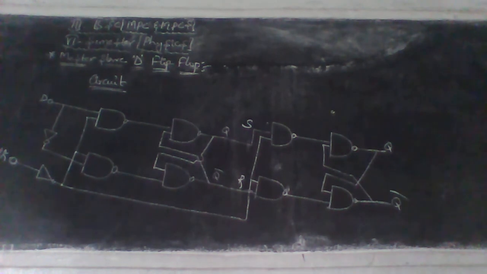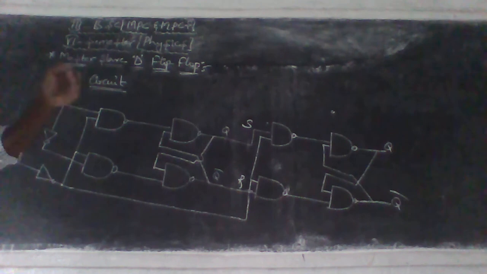So we can see from above that on the leading edge of the clock pulse, the master flip-flop will be loading data from the data D input. So the master is on. With the trailing edge of the clock pulse, the slave flip-flop is loading data, that is, the slave is on.